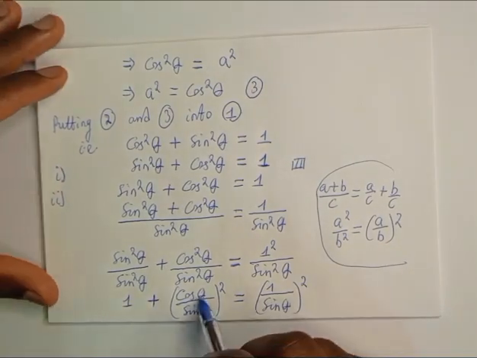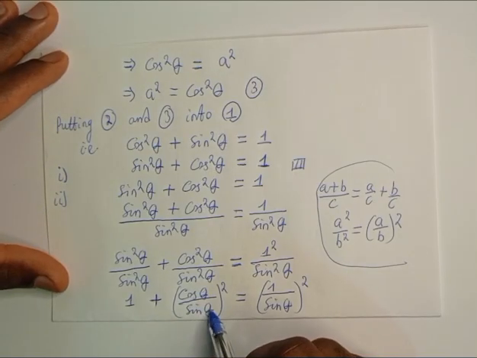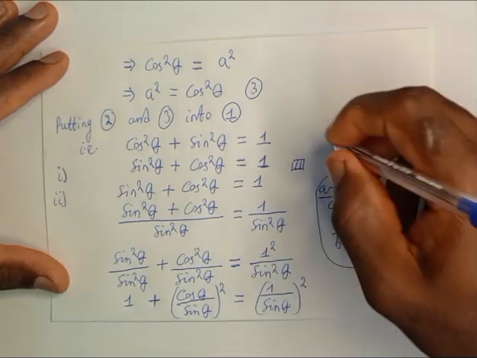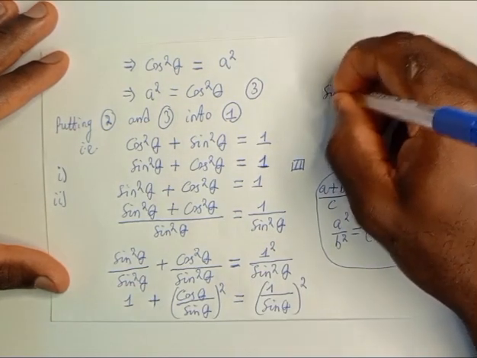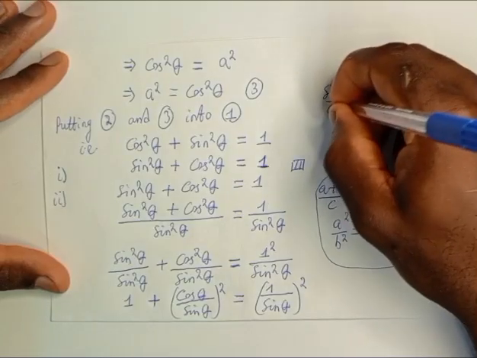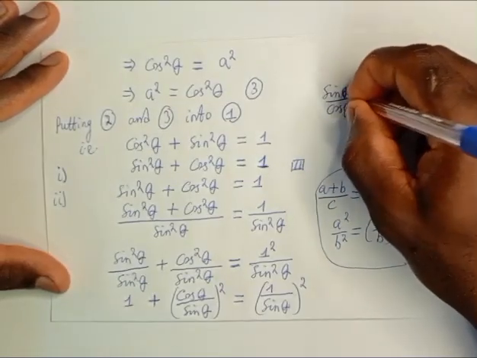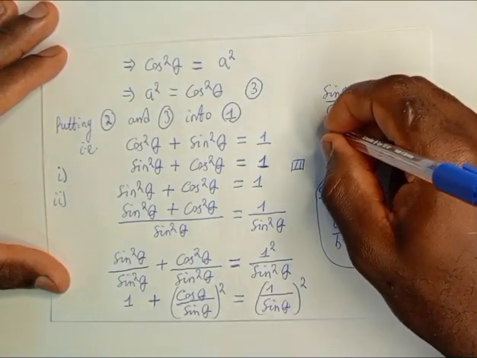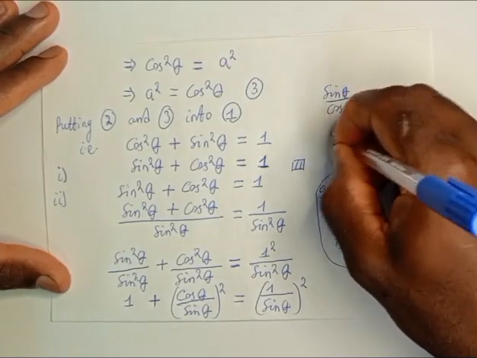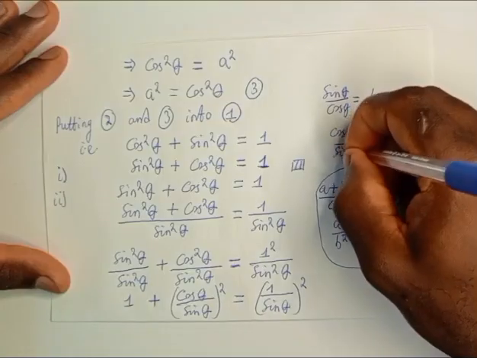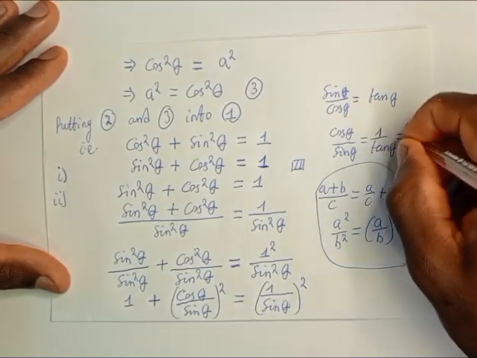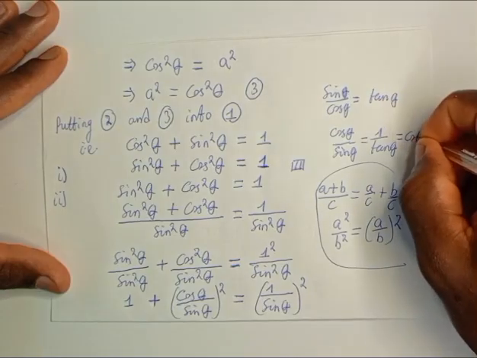Such cos over sin is simply the reciprocal of sin over cos. We know sin over cos is equal to tan. If we take the reciprocal of this, which gives cos over sin, it will be equal to 1 over tan. And 1 over tan gives us cot.